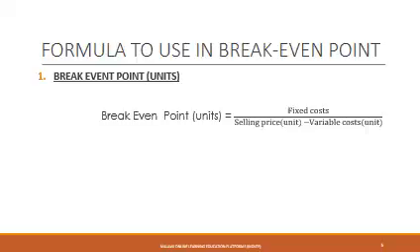But this selling price is per unit, minus variable cost per unit again, not total variable cost but variable cost per unit. This formula is used to calculate the amount you need to produce in order not to make profits or losses.